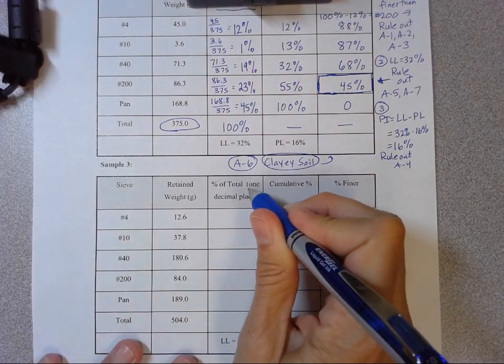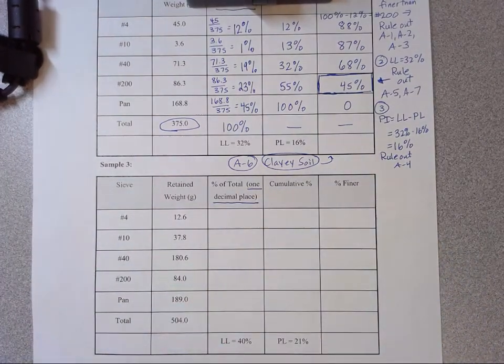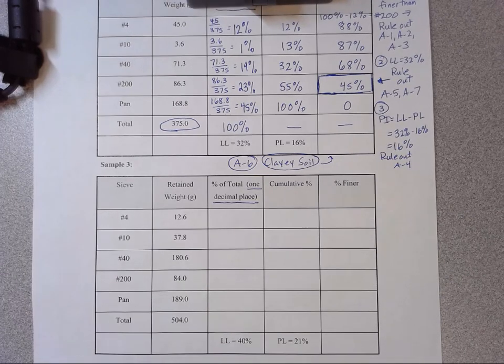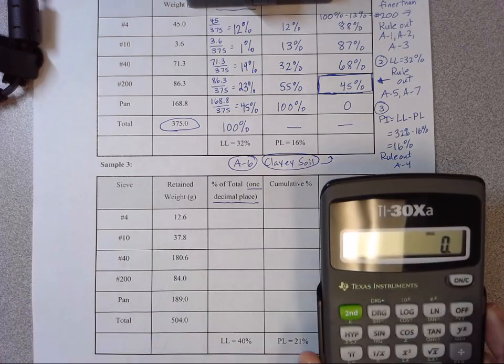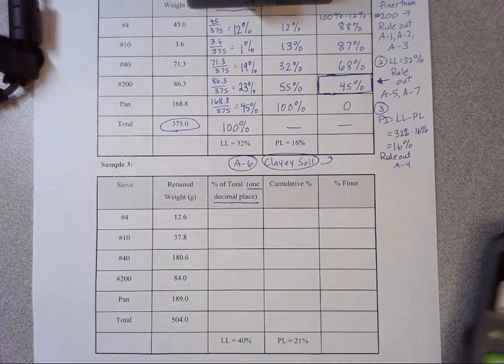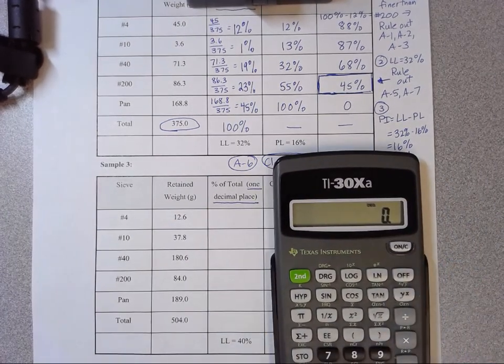The only difference here is I'm asking for this percent of total to 1 decimal place. I'm not going to write it all out this time, and you don't have to either. When you do it on your test, you just have to fill in all the columns. So I'm just going to use my calculator to get to my answers. I've got 12.6.